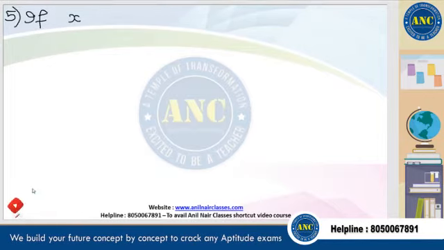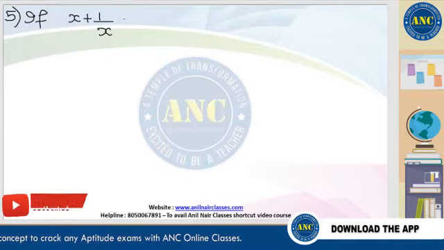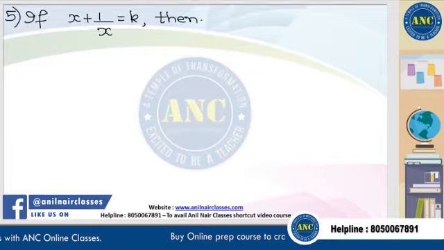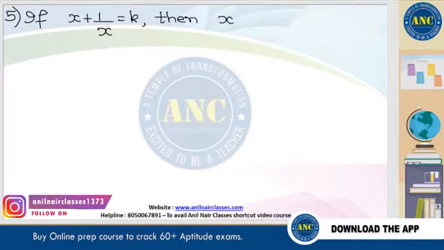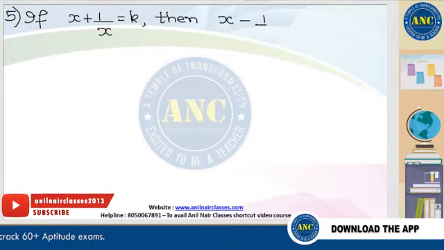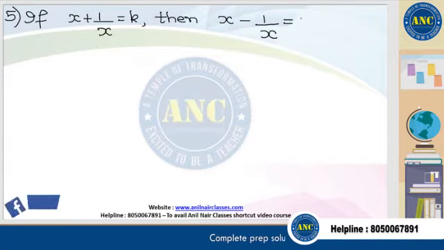If x plus 1 by x is equal to k, then x square plus 1 by x square we just found out how to get. But I want to find x minus 1 by x. We already proved this in our regular class.